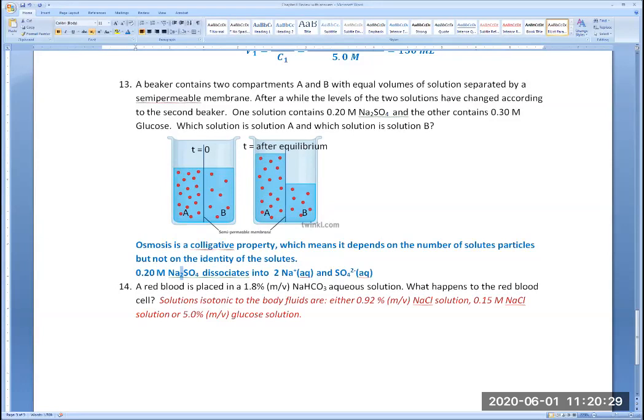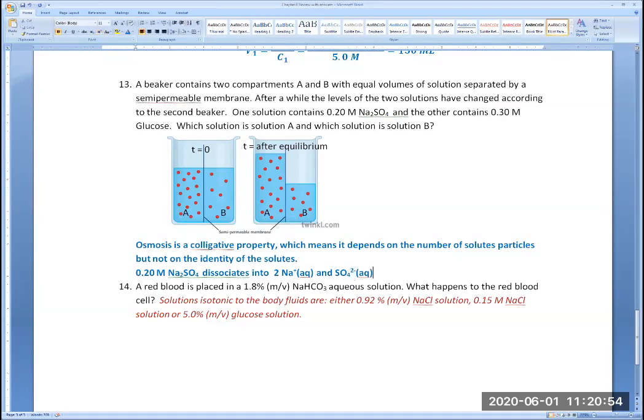Those 2 sodium make 2 positive charges in total, and they cancel the 2 negative charges from the SO4, right? So that's why you need 2 sodium per sulfate to make a neutral formula. So 0.20 molar Na2SO4 dissociates into 2 Na plus and 1 SO4.